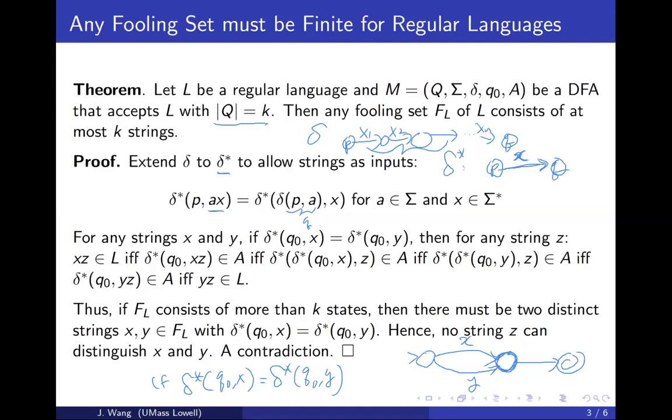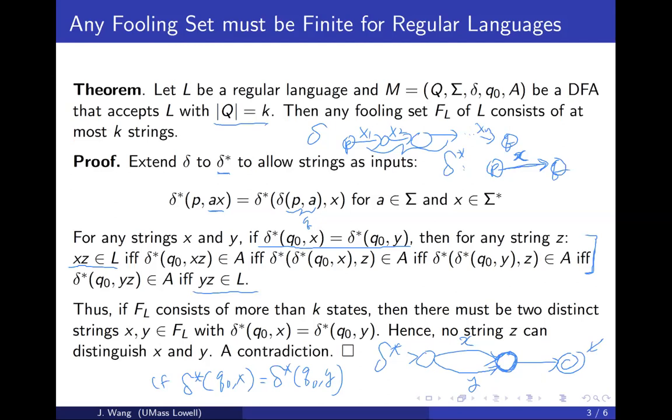These are over sigma. So that means if delta star of these is the same, then XZ is in L if and only if YZ is in L. So we already showed this here, and this is the description in words of this diagram.